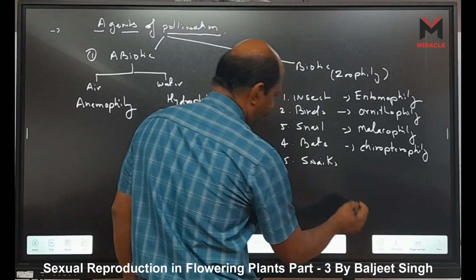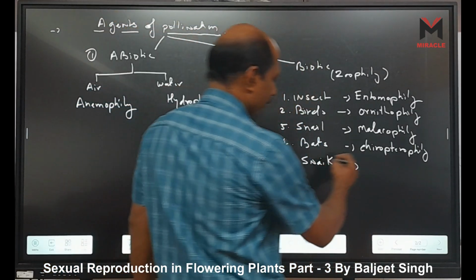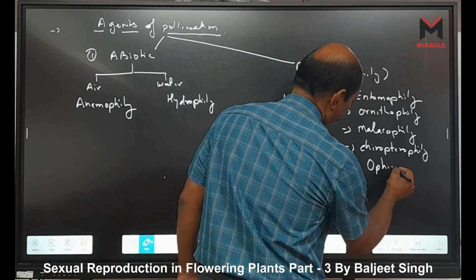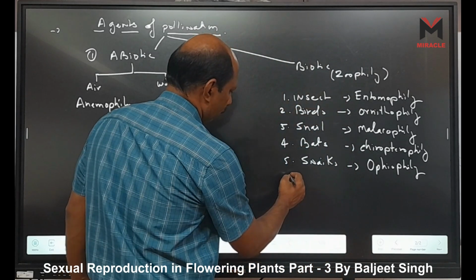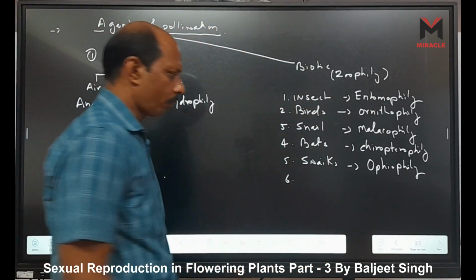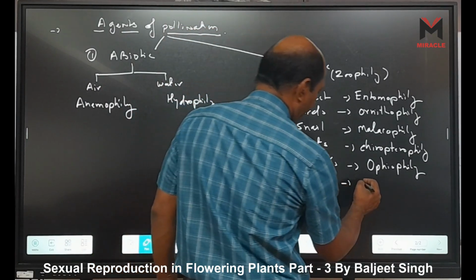If snakes are involved, then it is called ophiophily. If ants are involved, then it is called myrmecophily.